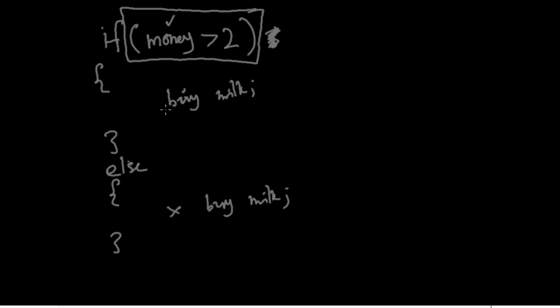Or else, if you have less than $2, then you don't buy milk. If it enters here, it skips else. And remember, else has no condition at all, because else means anything other than the condition you have implied over here, so there's no condition needed for that.